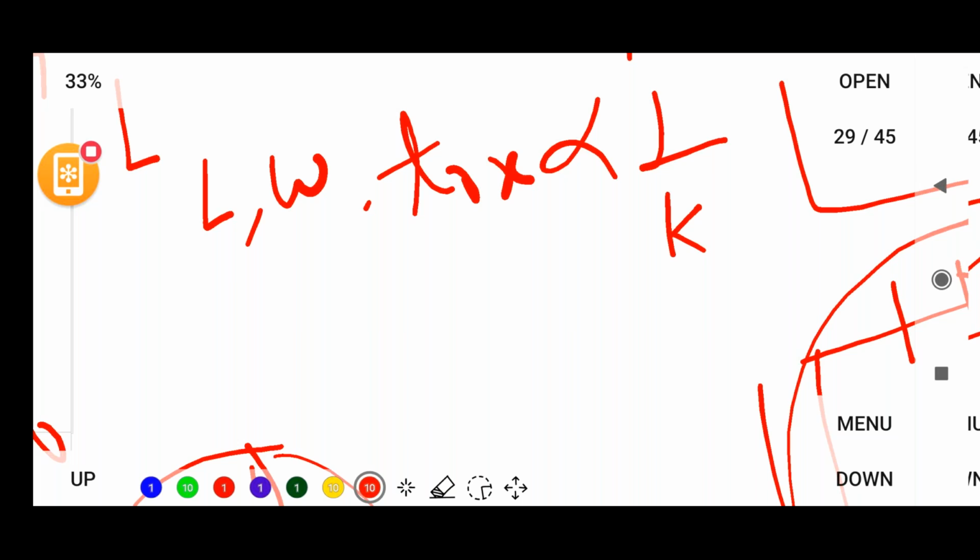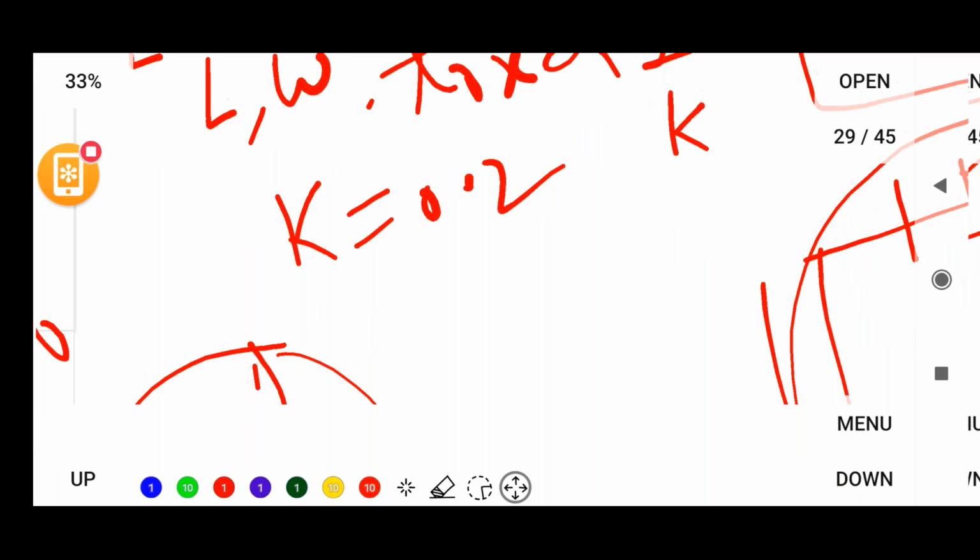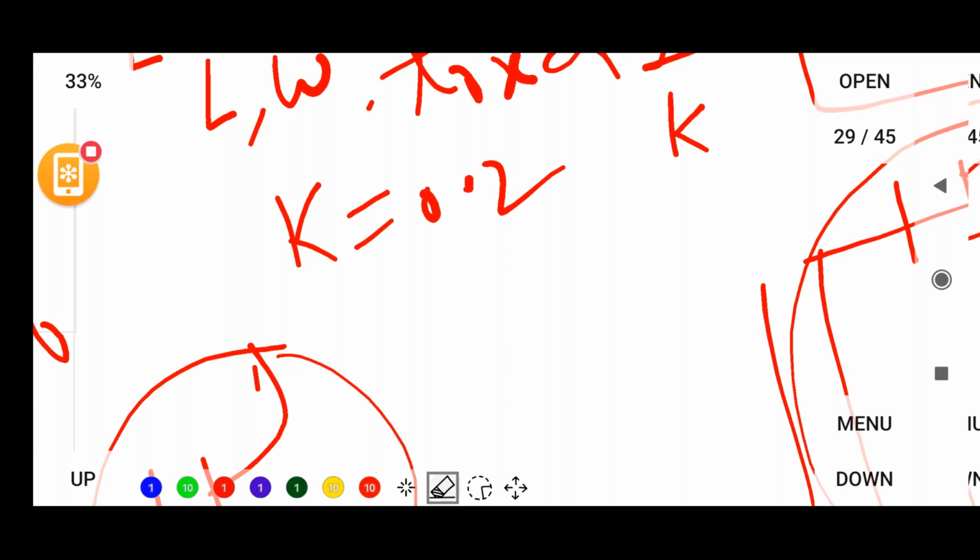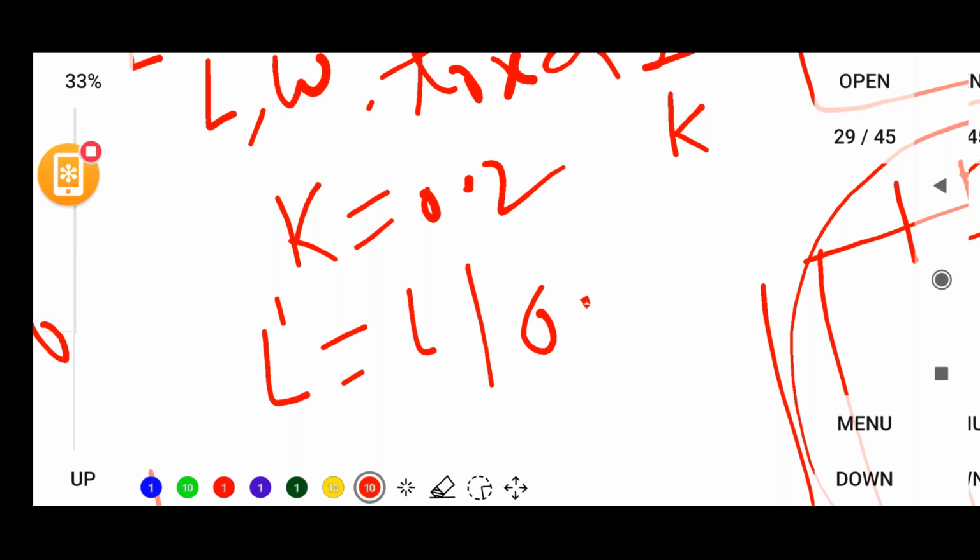You have to decide how much reduction of your device you want. Suppose I have fixed my K value as 0.2. In that case, what is the new value of the effective channel length after reduction? That is L dash, and this value is L divided by 0.2. So this is the new value.